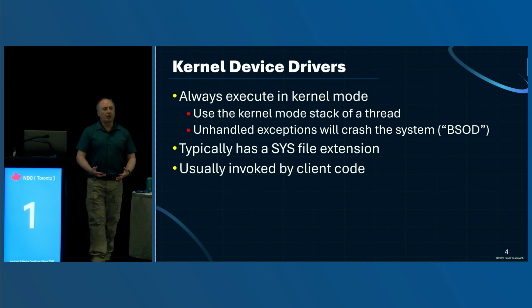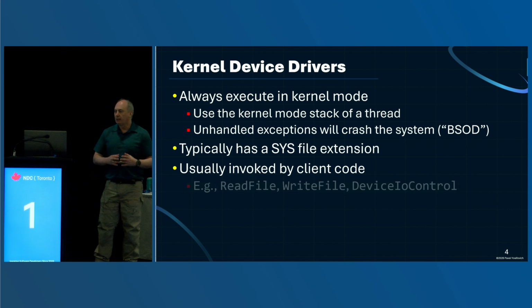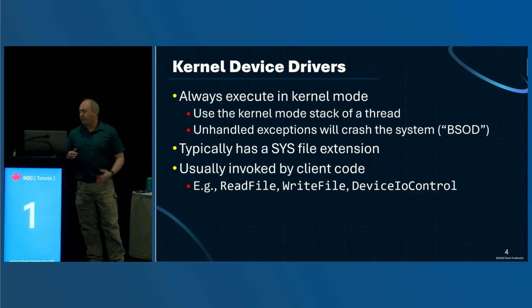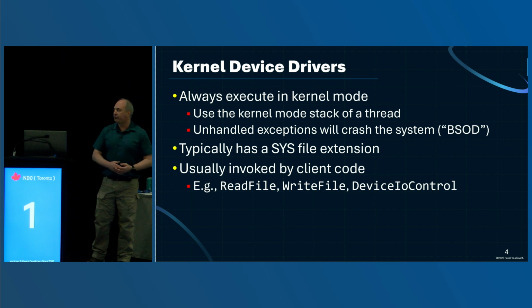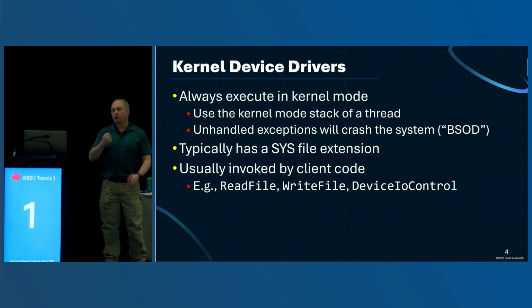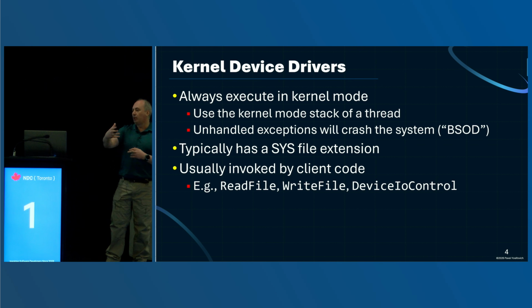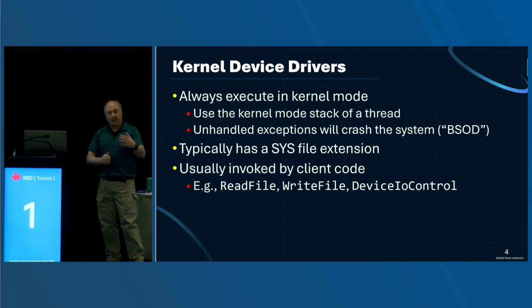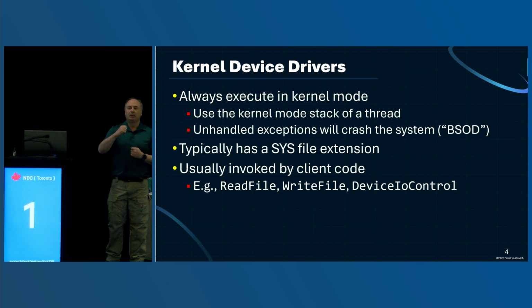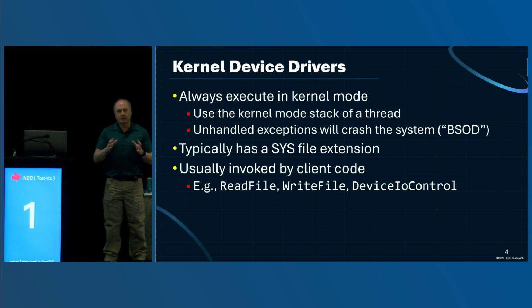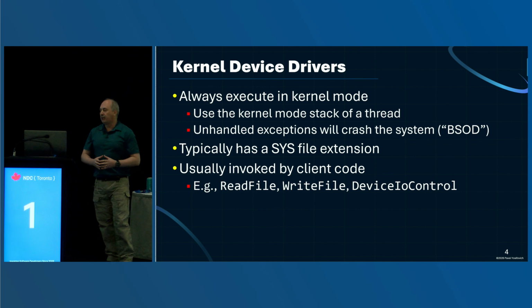And how do you invoke a driver? How do you call a driver? The fundamental APIs from user mode are called ReadFile, WriteFile, and DeviceIoControl. Once you have a handle to a file object, which represents your connection to a device that a driver has created, you can then call ReadFile, WriteFile, or DeviceIoControl. The names here are a bit misleading, especially ReadFile and WriteFile.